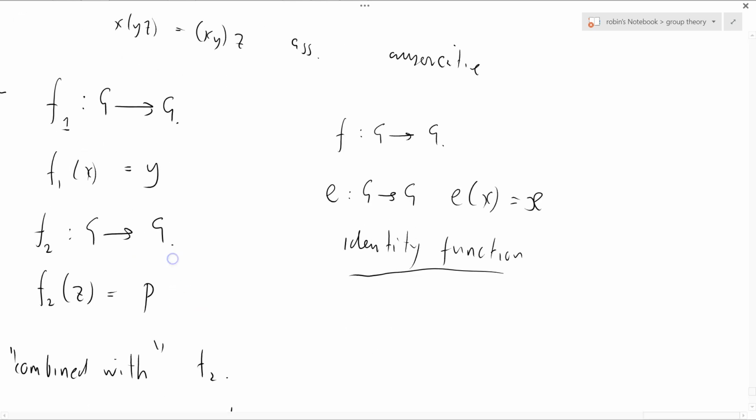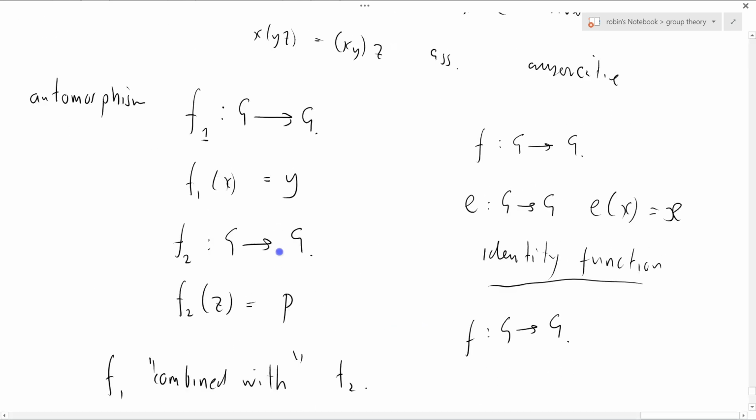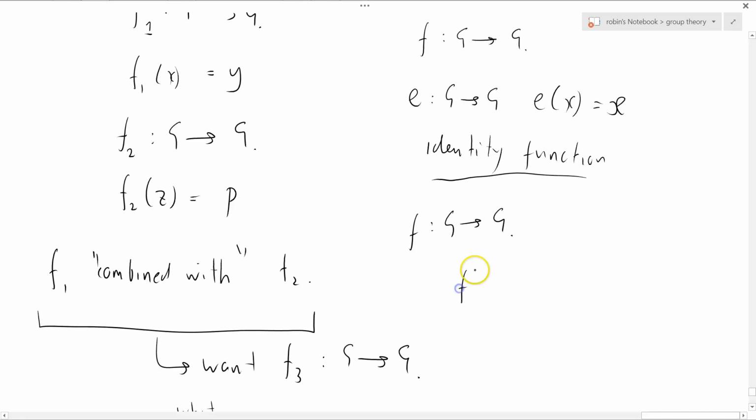Inverse. We need the inverse. So f maps g to g. Of course, what I'm going to consider is f to the minus 1, which is the functional inverse. You'll recall that if f is an automorphism, then it is invertible, and so I'm just going to invert it.